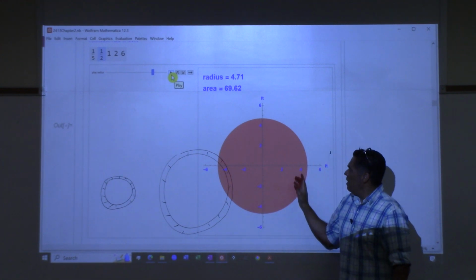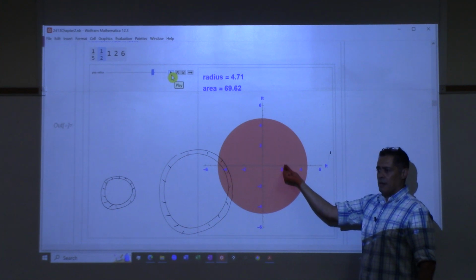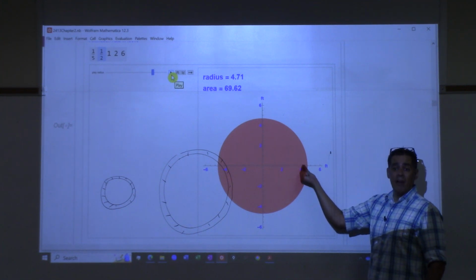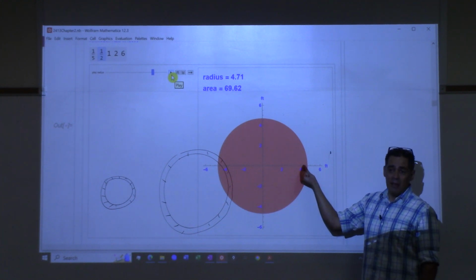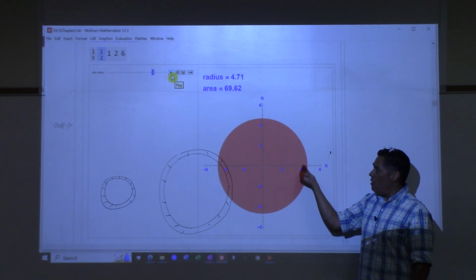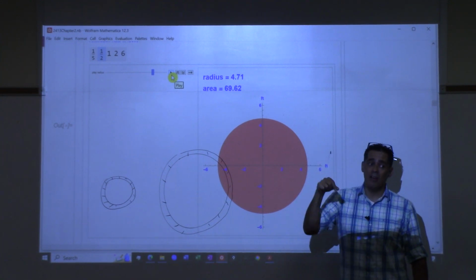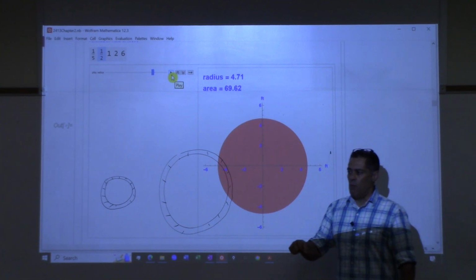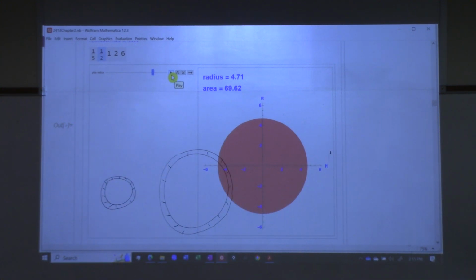As this thing moves across, the radius is growing constantly, right? But what about the area? Is it growing constantly? No, right? The area is not growing constantly. So I would like to know at a specific point how fast the area is growing. I want to know the rate at which the area is changing. I hope you can wrap your mind around it.